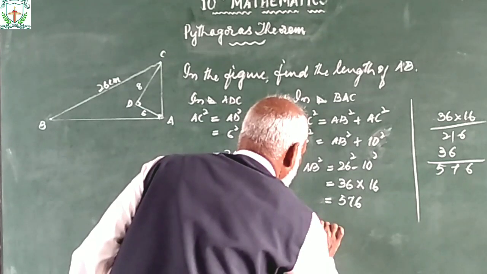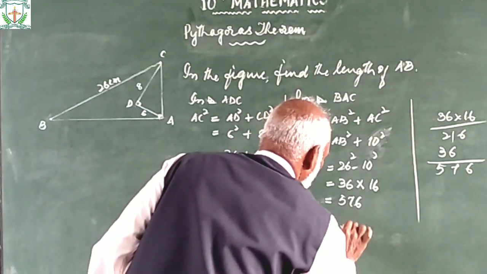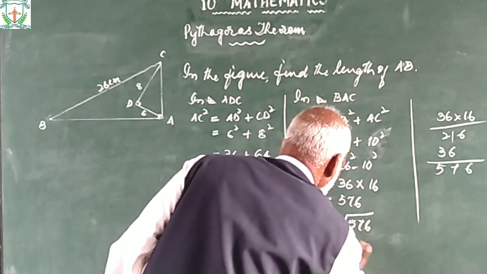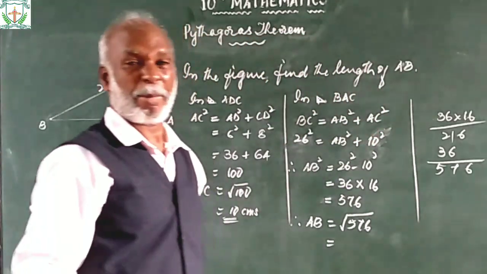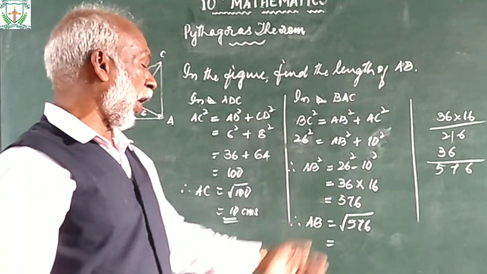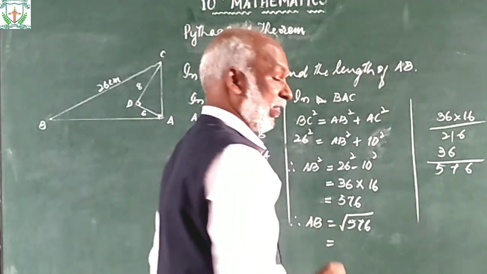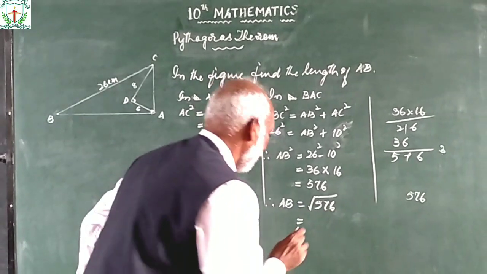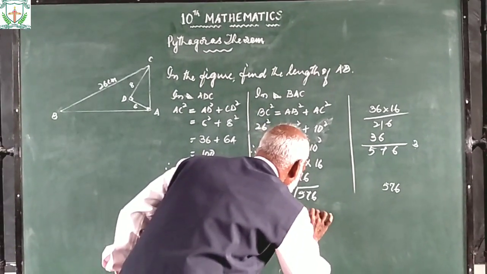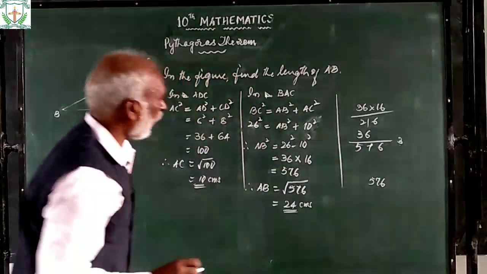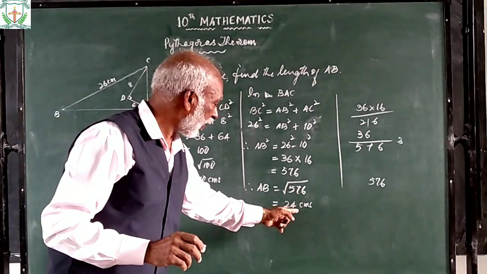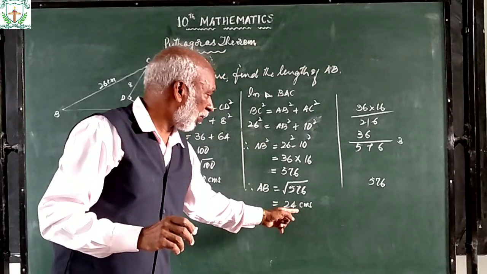Therefore AB is equal to root of 576. How much is it? So find the square root of 576. Children, the square root of 576 is 24. So the length of AB is 24 centimeters.